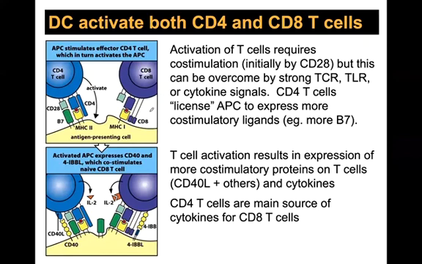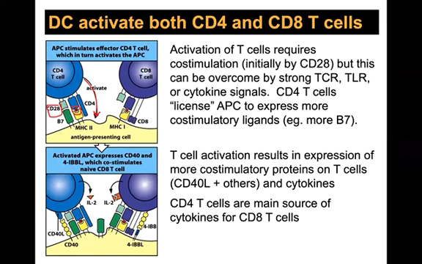Now the dendritic cell is going to activate both CD4 T cells and CD8 T cells, but this goes both ways, right? The key step here is that CD4 cells are going to get activated. So they're going to have antigen recognition, they're going to get co-stimulation, and they'll get cytokines, but they're providing a signal to the antigen presenting cell as well.